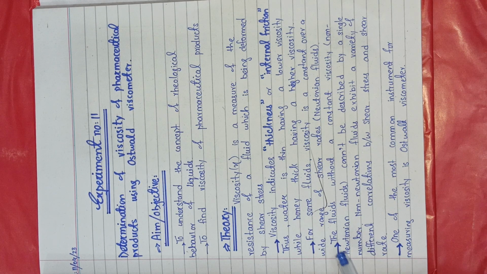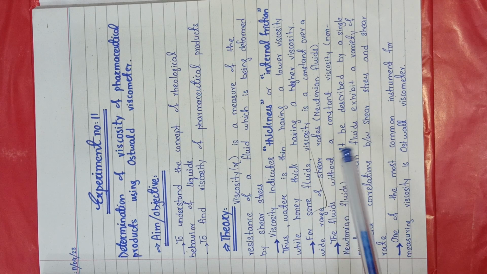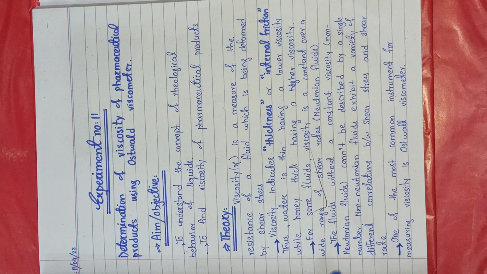But there are some fluids in which viscosity is not constant, and these fluids are called non-Newtonian fluids. Examples of non-Newtonian fluids are very important. For example, colloids, suspensions, and emulsions have non-Newtonian flow, while pure liquids such as water, ethanol, etc., indicate Newtonian flow.